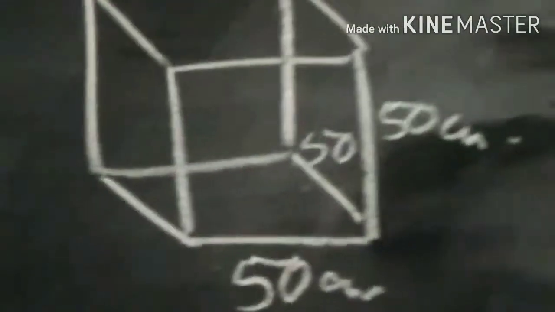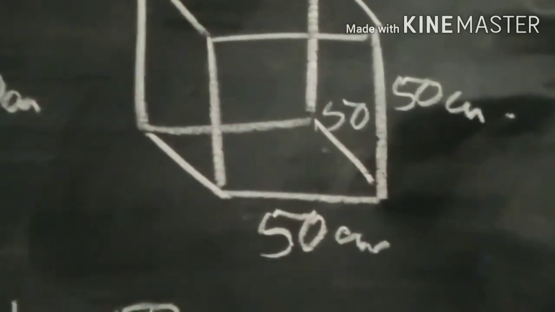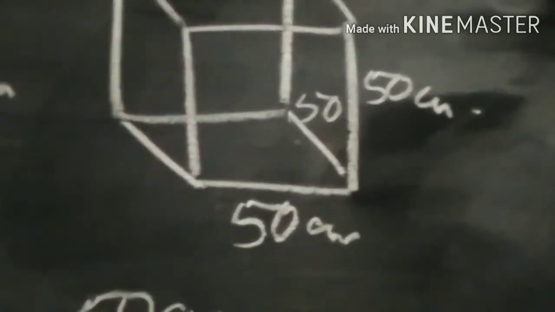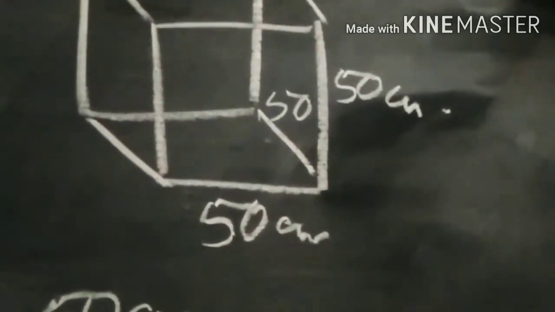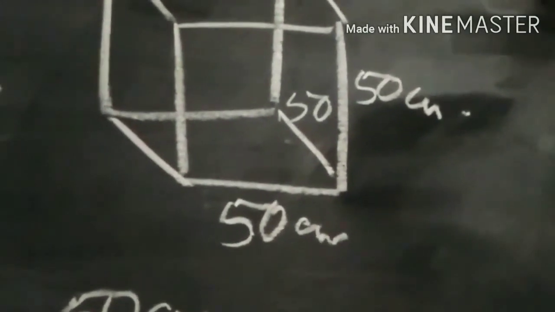Now we move to the cubical box whose dimensions are given as 50 centimeter each side. The total surface area for this is given by the formula 6a square.